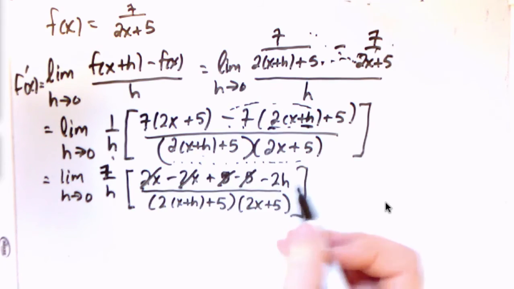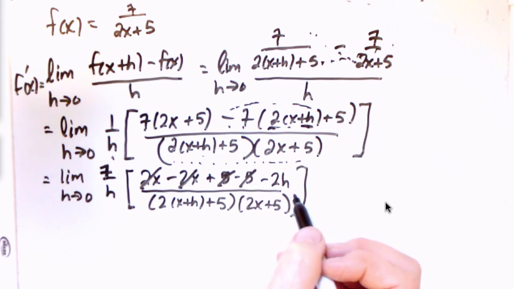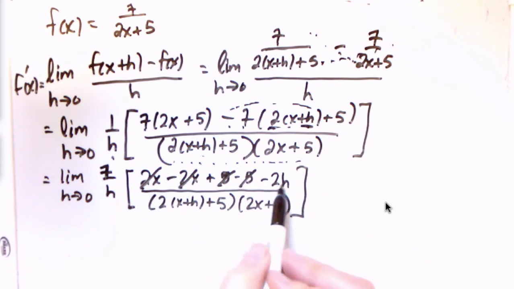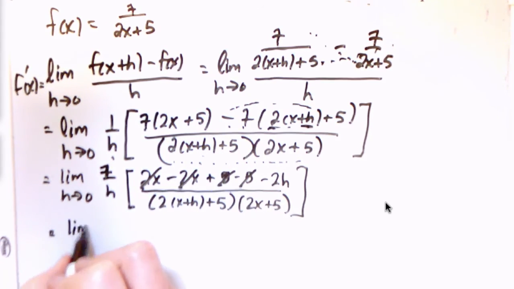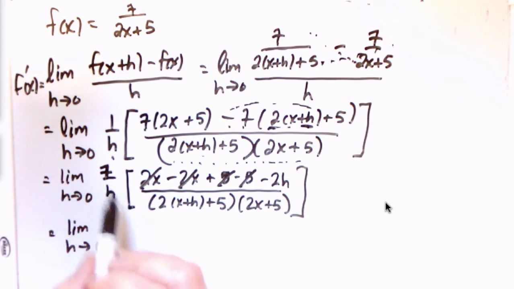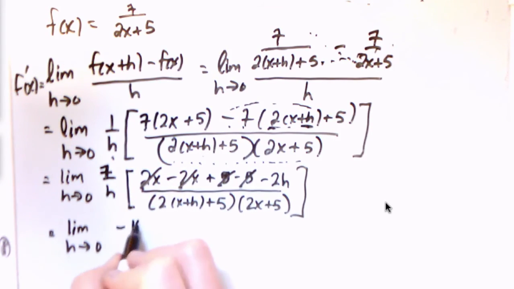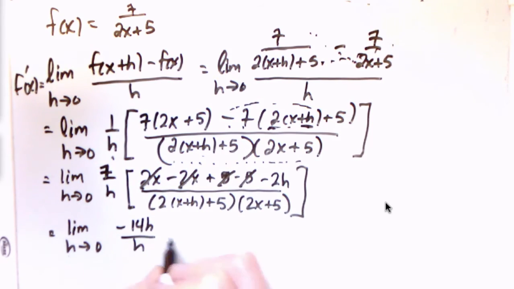Alright, so now I found the h as a common factor. Now this is the only term in the numerator. Just to be very clear, let me write it out again. In the numerator here, I have minus 14h after multiplying the 7 times the minus 2 over h times 1 over.